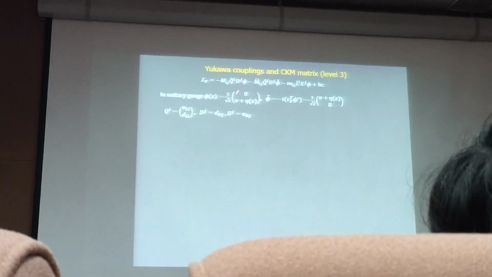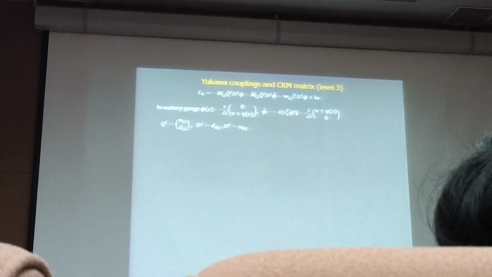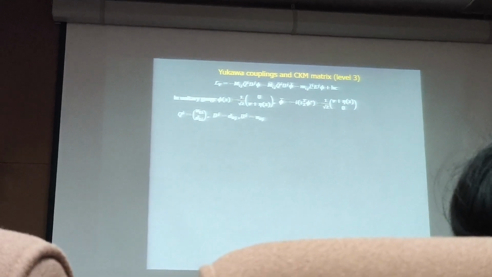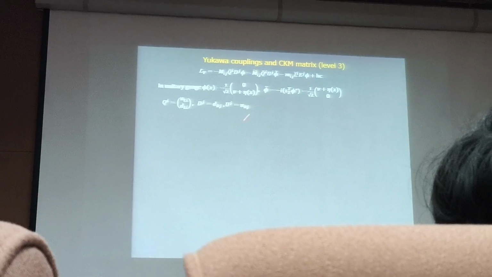And psi is equal to this one, whereas phi tilde is equal to this one. We have to apply this redefinition in these terms, and we also have to understand that Q is a doublet, D is a singlet, U is also a singlet, and L, that's unfortunately not written over here, is also a doublet.